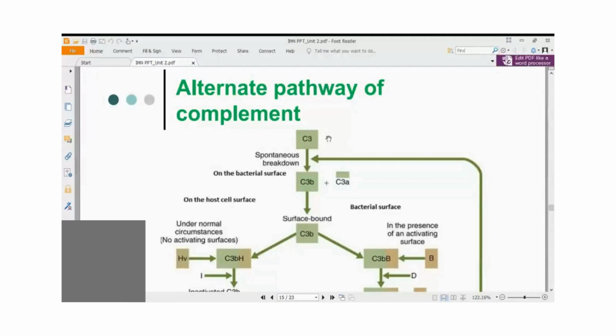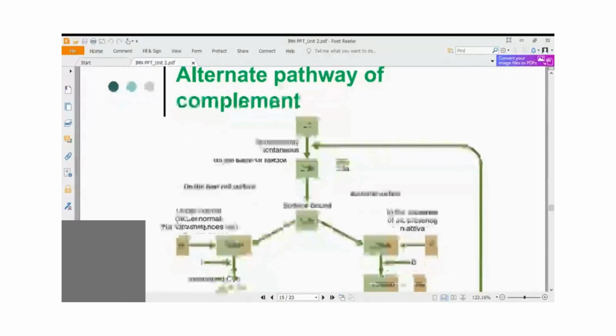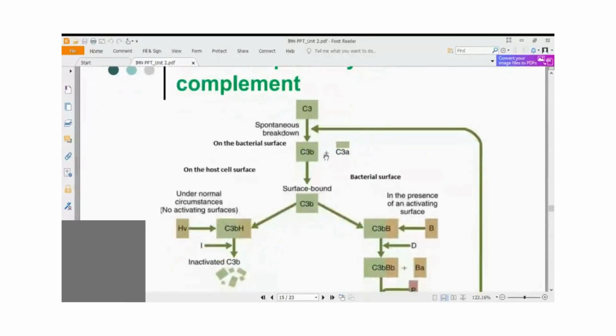And since it is in circulation in our body fluid, that is in the plasma, as soon as it comes in contact with the bacterial surface, that is bacterial membrane, it breaks down undergoing autolysis. It breaks down on its own. Autolysis means self-lysis, and it breaks down into two components, that is C3b and C3a.